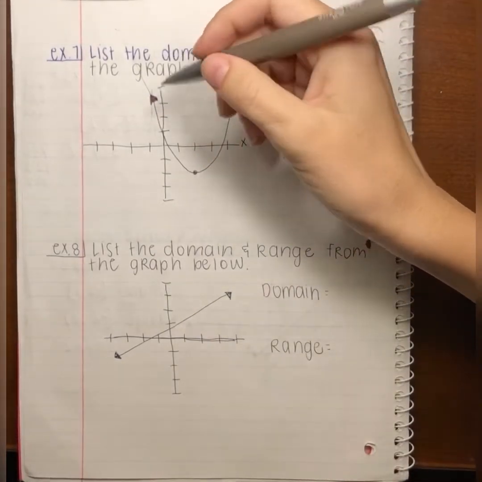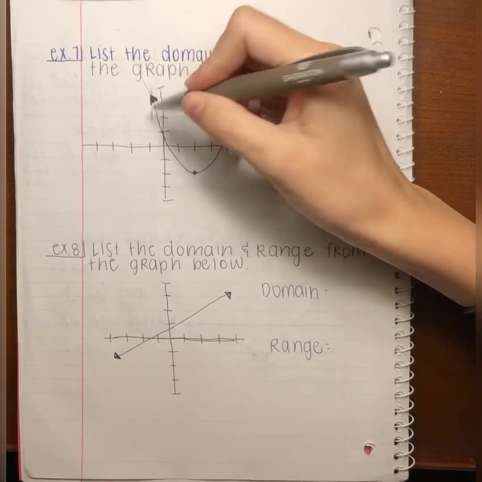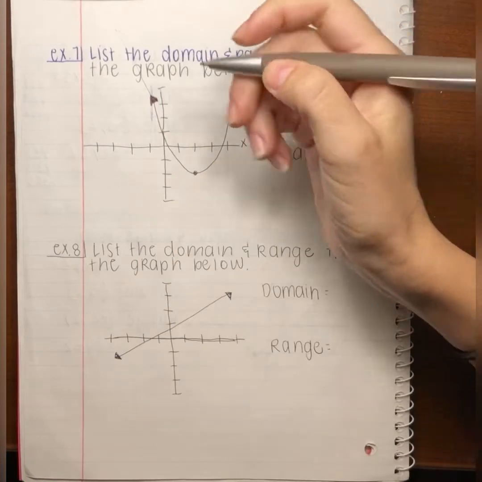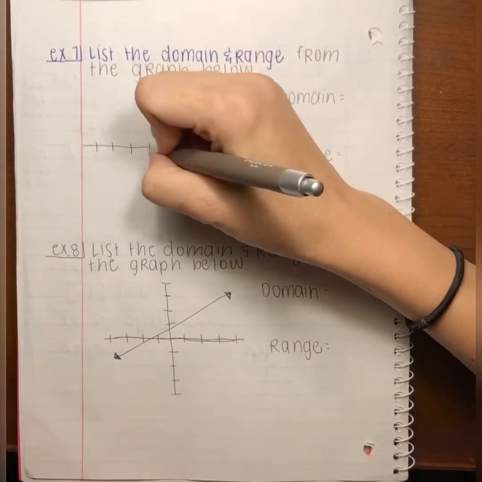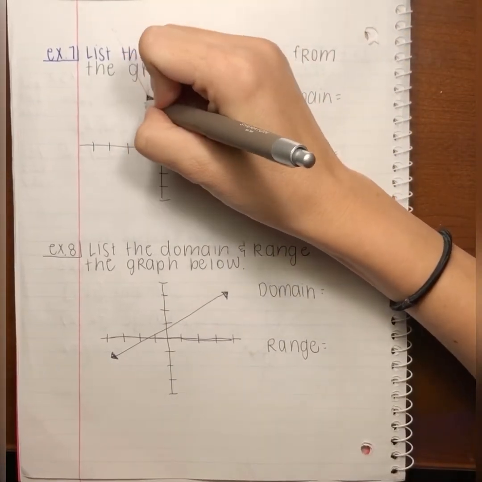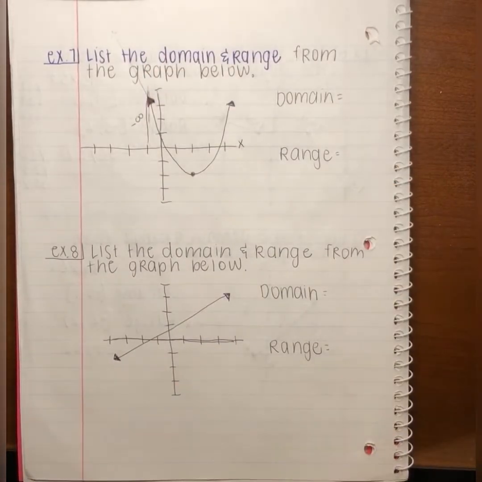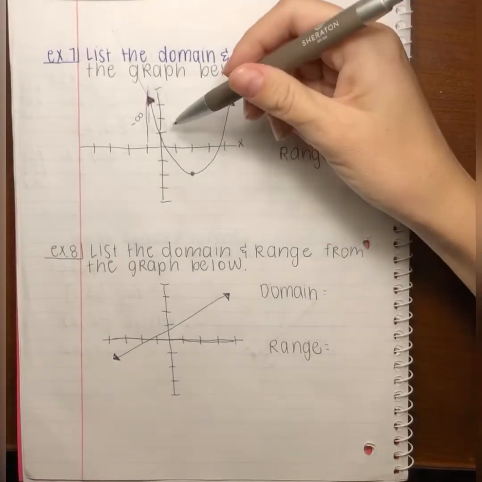Okay, so that's what that means for us. So our limit is not -1 because we have that arrow. Our limit is actually that it's going to keep going all the way to -infinity. Okay? It just keeps going.